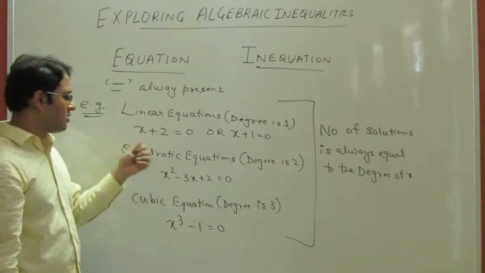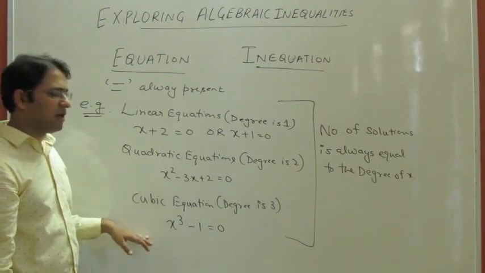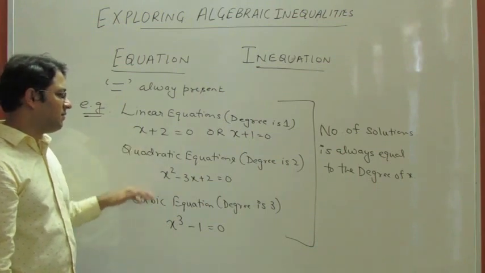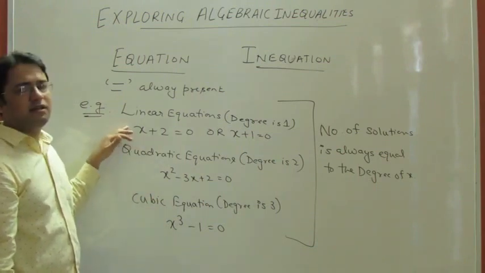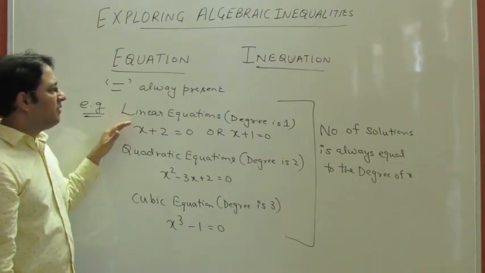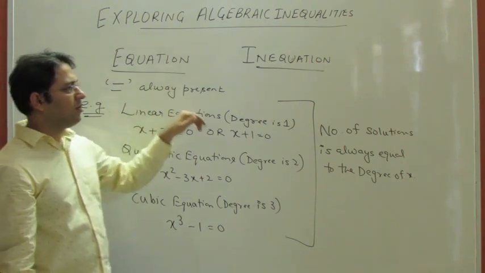In case of a quadratic equation we have two solutions, and in case of a cubic equation we have three solutions. So these are the terms which we might have already studied in our previous classes. Then, if we are clear about equations, we can move on to inequations.